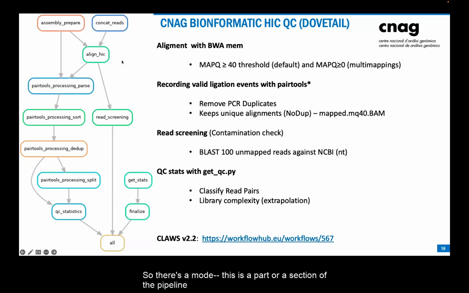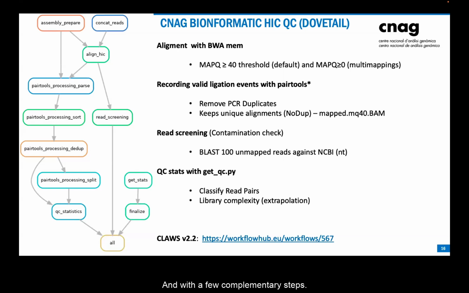So there's a mode. This is a section of the pipeline with a flow chart summarizing the steps required to do the QC using the Dovetail pipeline. Okay, and with a few complementary steps.